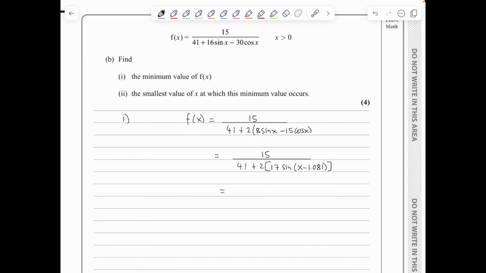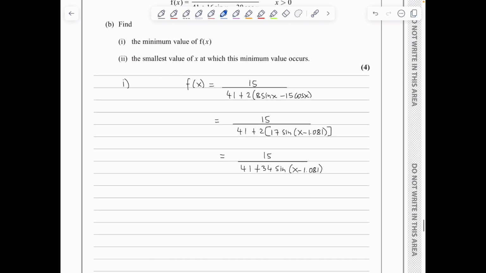So this is simply 15 over 41 plus 34 sine of x minus 1.081. Remember, we're trying to determine the minimum value. Well, we know that the sine of any angle varies between plus minus 1, and therefore 34 sine will vary between plus minus 34.